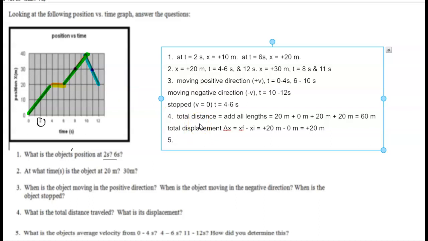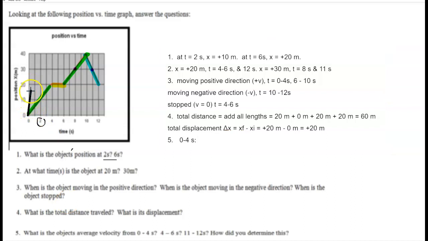For the last thing, we're going to calculate those average velocities. So we already determined whether the velocity is positive or negative, but we also want to calculate the value for that. So for the first one, we're going to find the slope when the time is between 0 and 4 seconds. So when that happened, we need to find the slope of the line. So I like drawing in the slopes here.